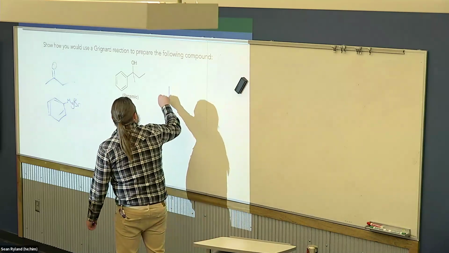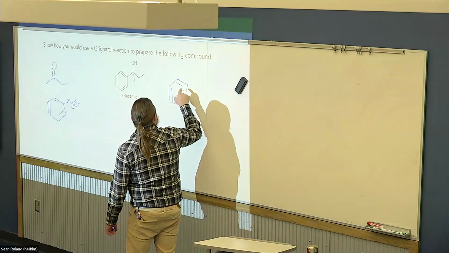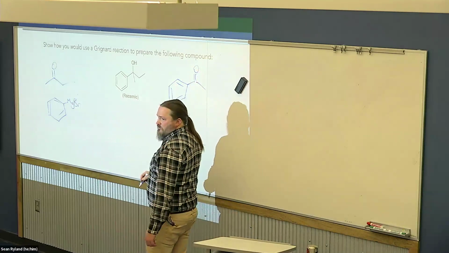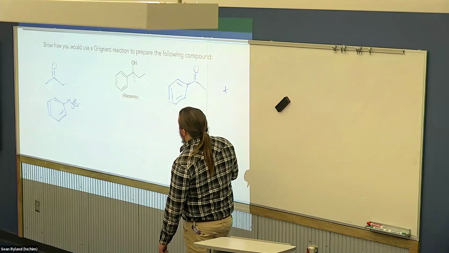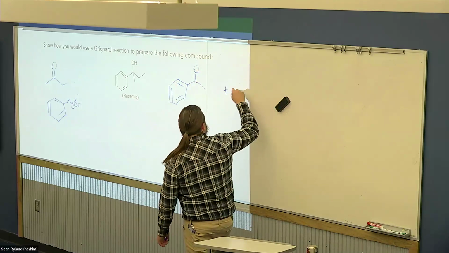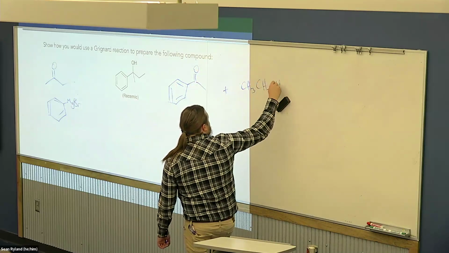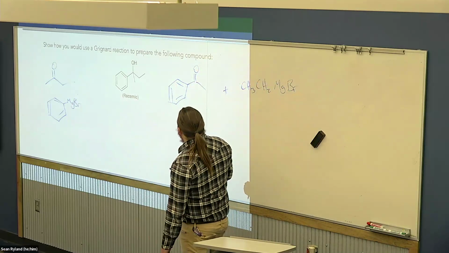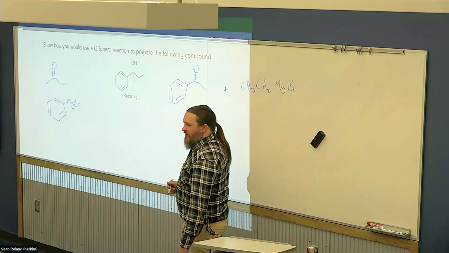So we could leave the benzene attached and have a methyl group, in which case we just need ethyl magnesium bromide. Or we can leave the ethyl group attached and have methyl magnesium bromide.